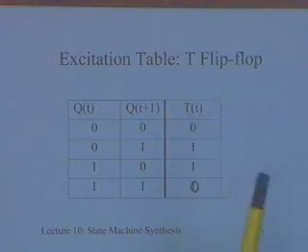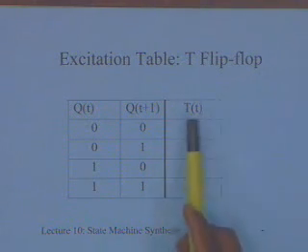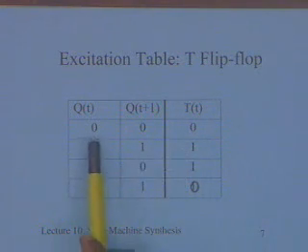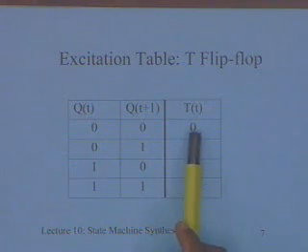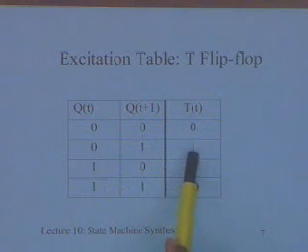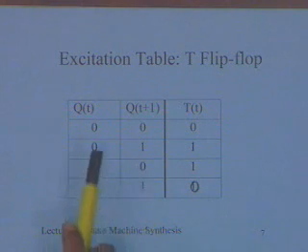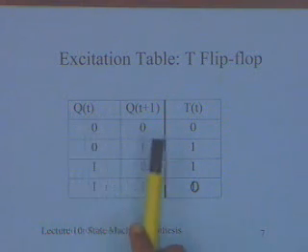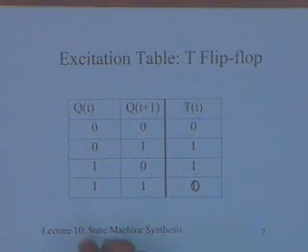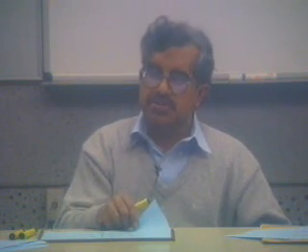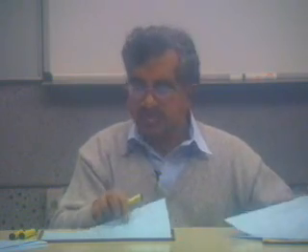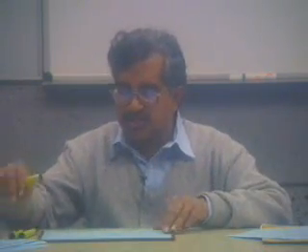JK will have 2 columns over here, or an SR flip flop, again there will be 2 columns. So going from 0 to 0, I require a T of 0, 0 to 1 I require a T of 1, 1 to 0 I require a T of 1, 1 to 1 I require a T of 0. Toggle input. So this is the input that is required for making a transition. Once I have this, I am ready to do my synthesis, I am ready to go to the next phase of my design. So let us see how you proceed.